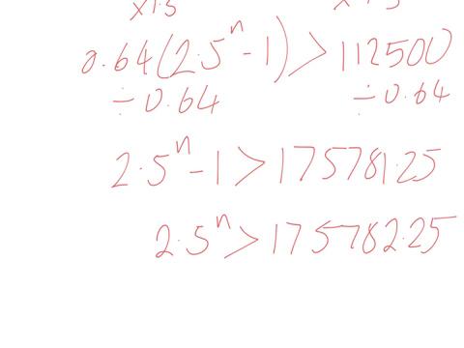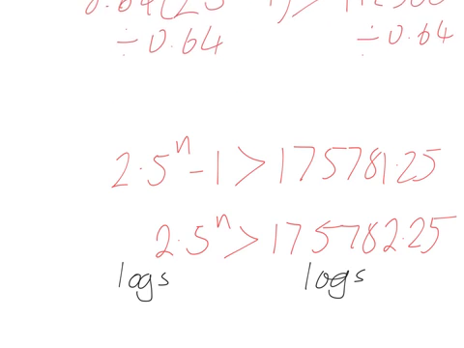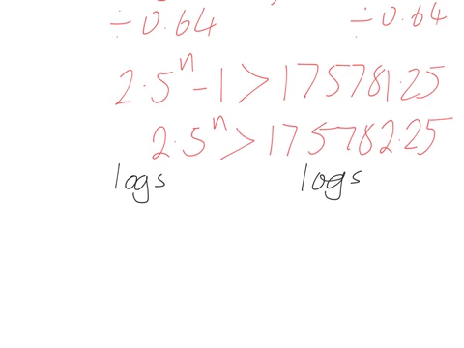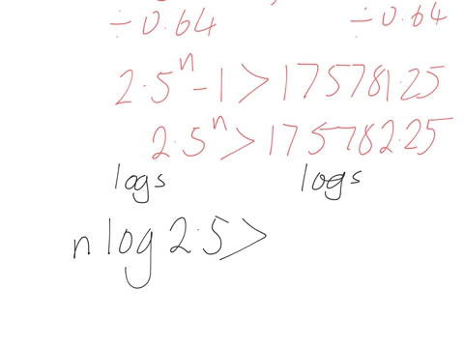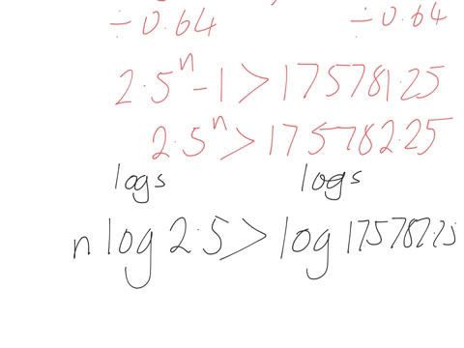17,579.125. And then to bring the n down, you want to take logs. I will use log base 10. You could go straight to doing it with log base 2.5. And you would get this, so I'd get n log 2.5 is greater than log of 17,579.125.